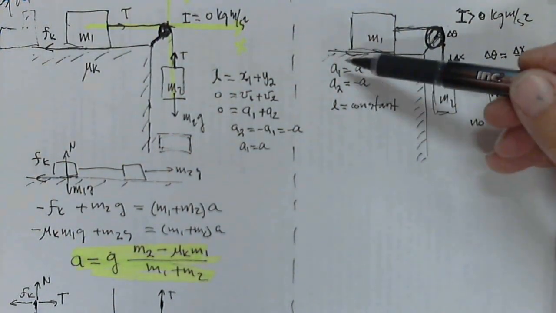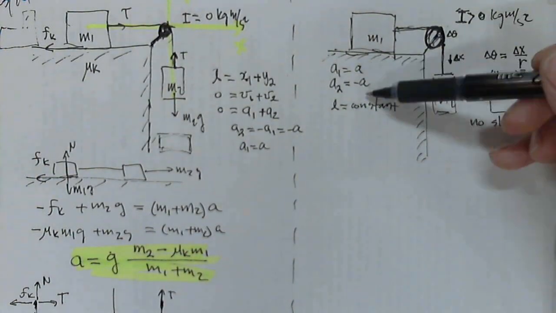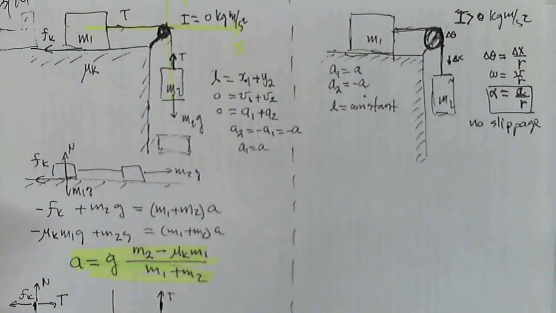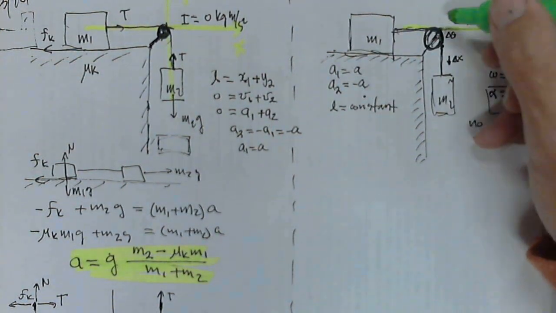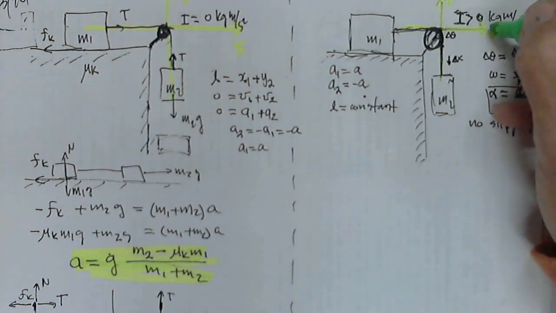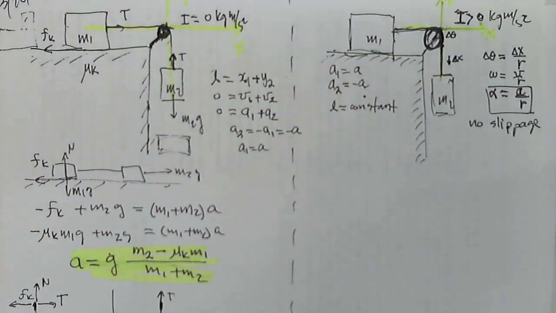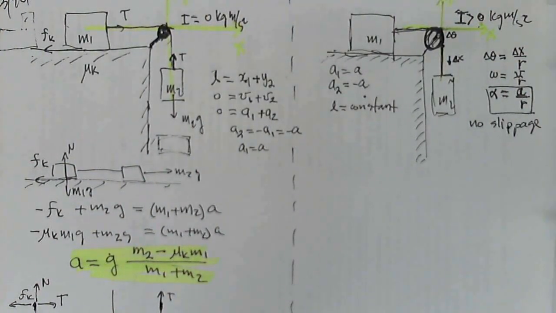you get that the accelerations are A and -A. Again, why negative? Because I'm going to put my axis over here. So this block is moving down and this block is moving to the right.